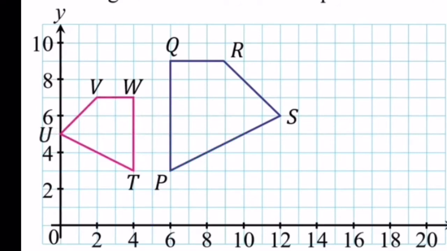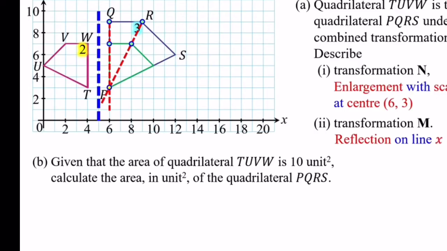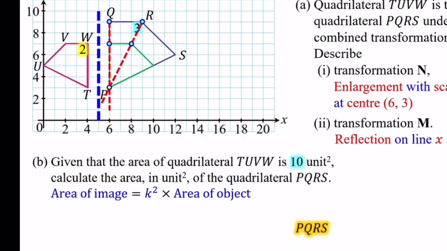So the area of the image is equal to k squared times the area of the object. So since the area of TUVW is 10, and TUVW is the image, the area of image is 10. We have k which is 2/3 because the image becomes smaller. So we need to take 2/3 and square it, and then multiply it with the area of the object.